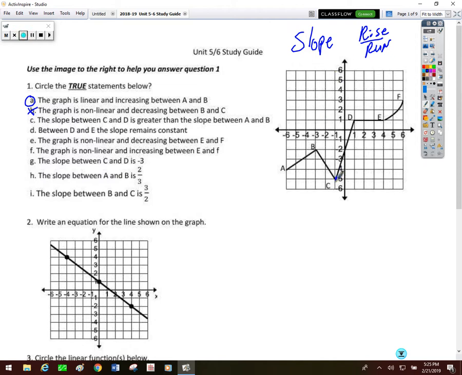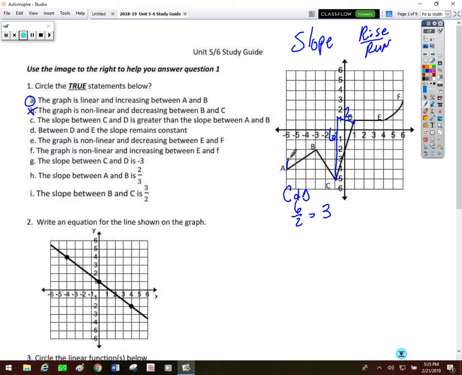So we start here and we're going to here. Let's rise up and we will run over. Well, if I rise up 1, 2, 3, 4, 5, 6, my rise is 6, my run is 2. So between C and D, the ratio is 6/2, which means my slope is 3.